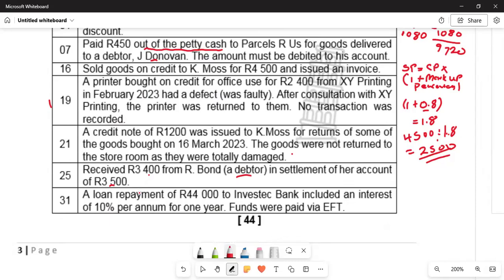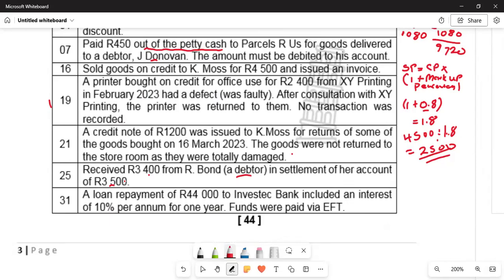We received this much, but the settlement account is 3,500. So we are going to receive that by bank, meaning we are going to debit our bank as we are going to receive money from debtors. So we are going to credit what? Debtors, as they are going to pay. They are going to settle the amount.